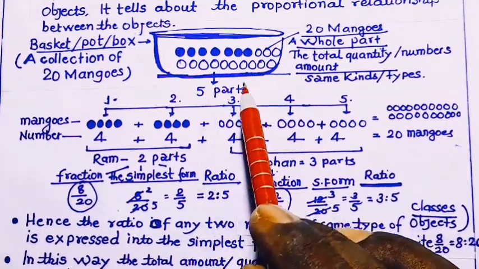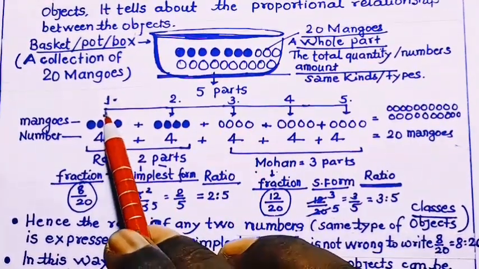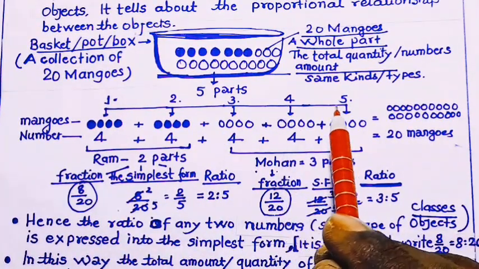When the 20 mangoes are divided into 5 parts, this is the first part, second, third, fourth, and fifth.